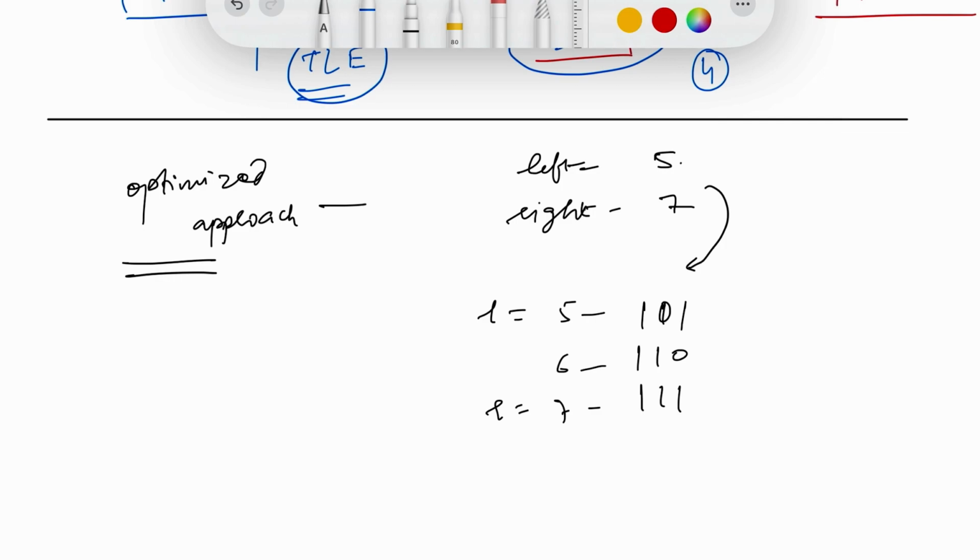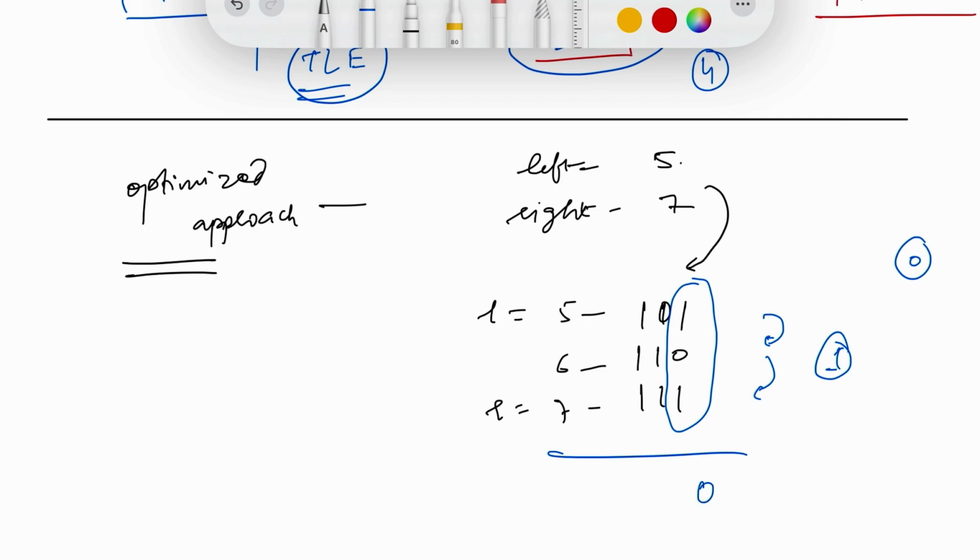Here we can see that these values have a difference of 1. So on the rightmost side we are going to get at least one 0. If you are not able to get any 0, it means that this is not a series. If there is at least one 0, it means in the result we are definitely going to get 0.